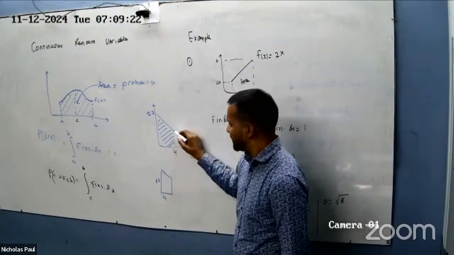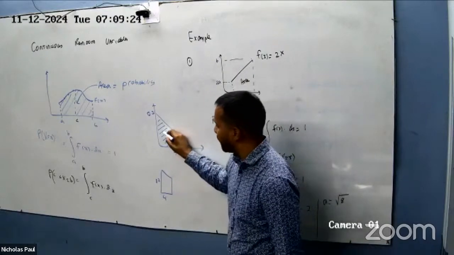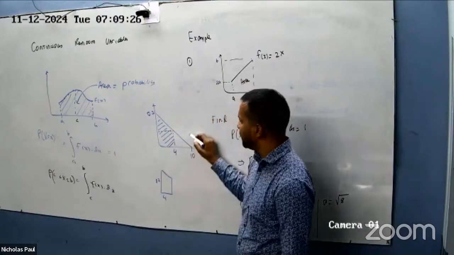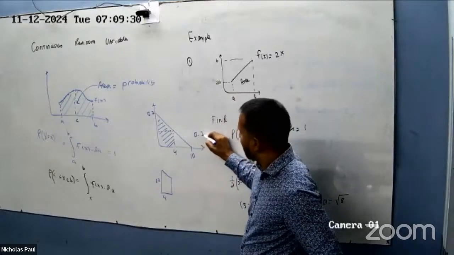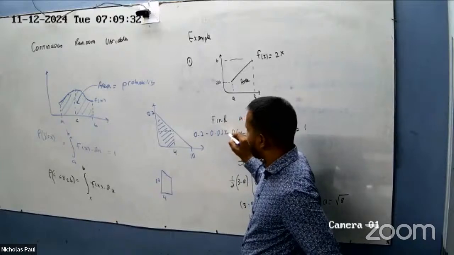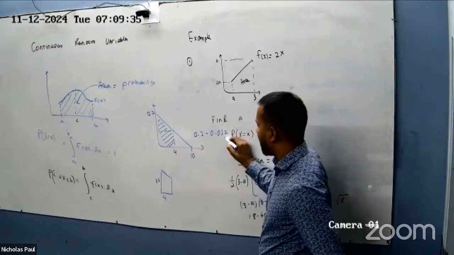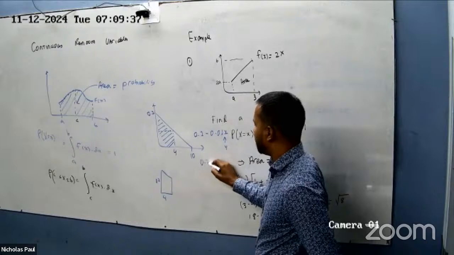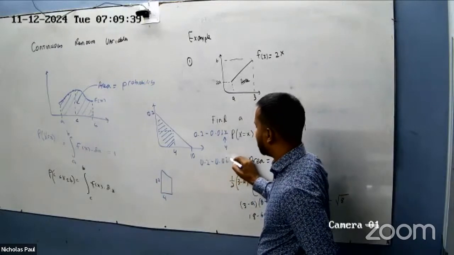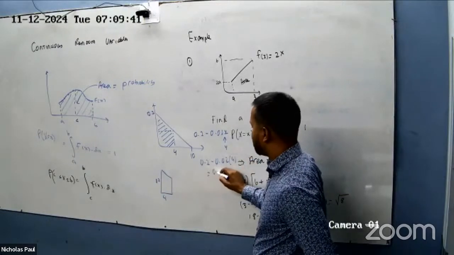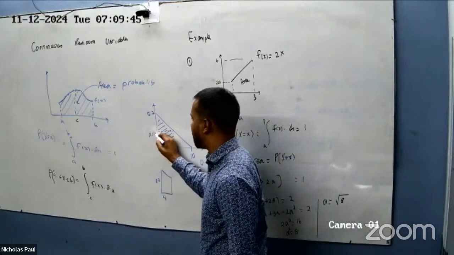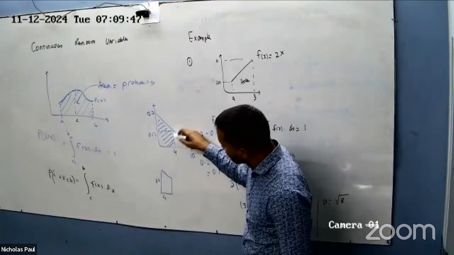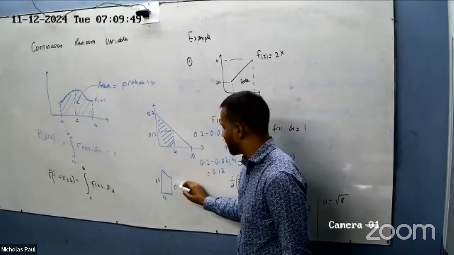To get that length, I went across here and I found the y value using the equation. What was the equation again? 0.2 minus 0.02x. So I put 4 in here, and I got 0.2 minus 0.02 by 4, which is 0.12. So this side here is 0.12.